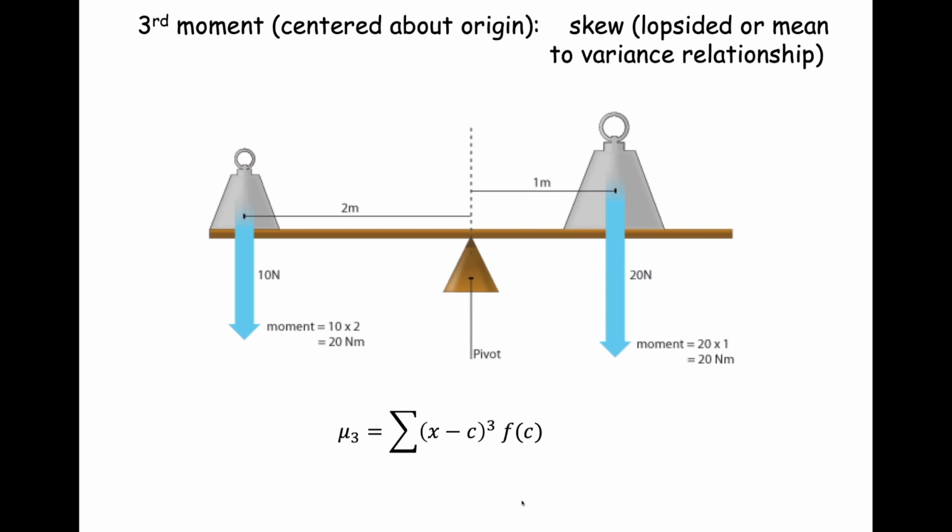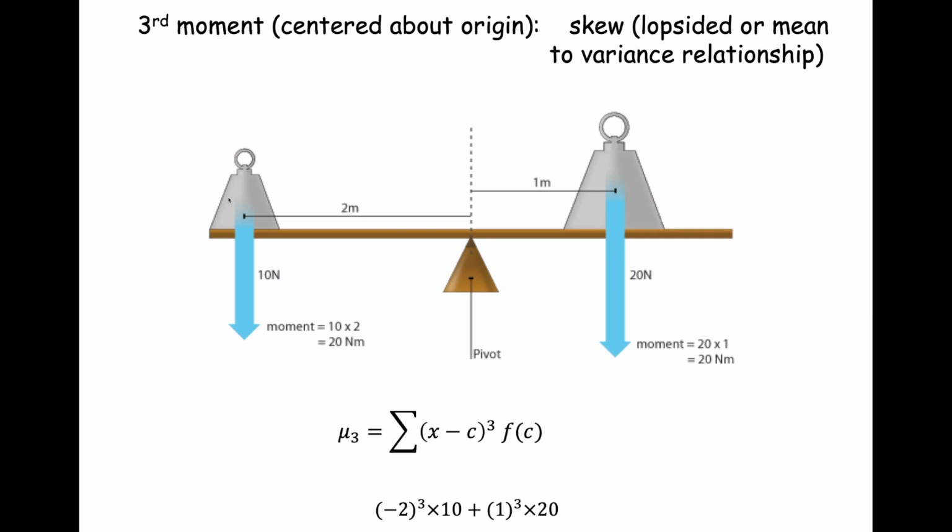So let's take a look at this. Here we have an example from the physics domain. We have a seesaw and we have a pivot point, and relative to that pivot point we have a mass of 20 newtons at 1 meter, and we have a mass of 10 newtons at 2 meters. And so if we add them up, we have -2, which is the distance of this smaller mass on the left, -2 because it's in the negative direction from this pivot.